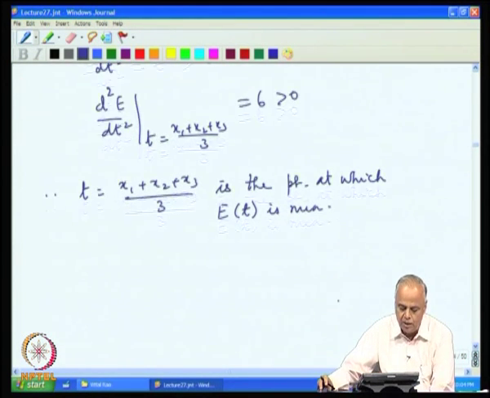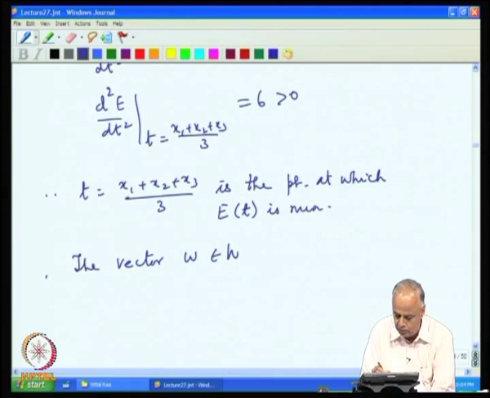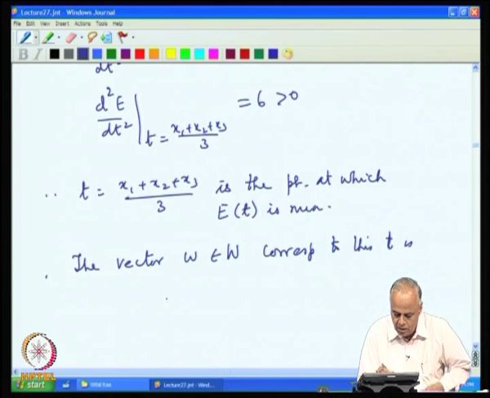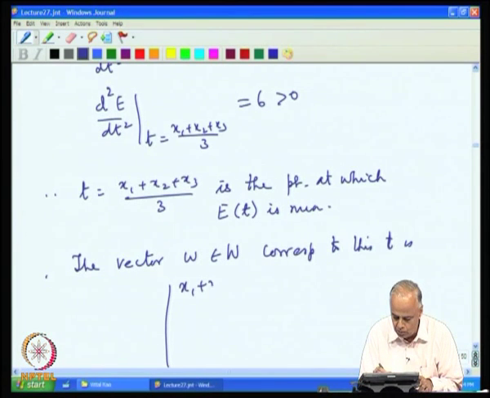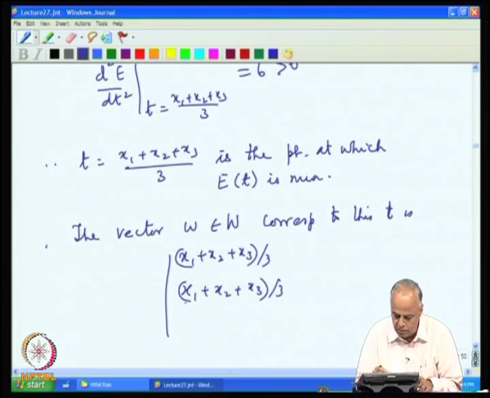And the vector corresponding to that: the vector w in W corresponding to this t is ((x1 + x2 + x3)/3, (x1 + x2 + x3)/3, (x1 + x2 + x3)/3), because all components are t.